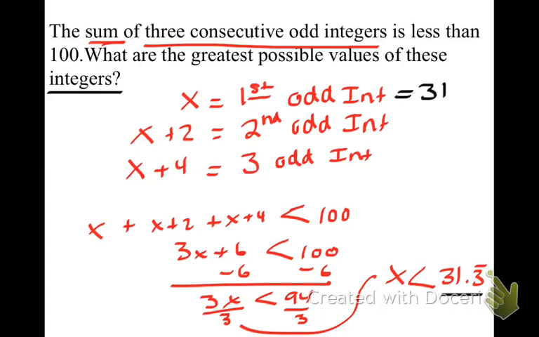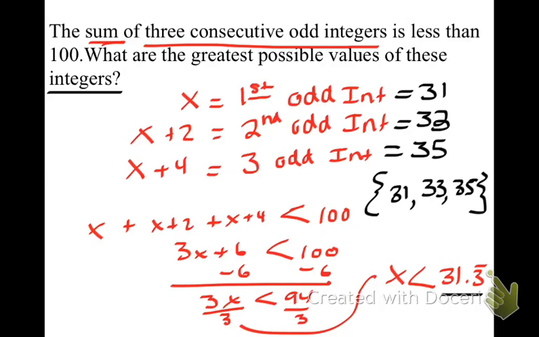Then the next one would be 33, and the next one would be 35. And so the question is, what are the greatest possible values of these integers? They would be 31, 33, and 35. And this is where we get you when kids are not reading the language of the integers. And that is your lesson on multi-step equations. That's it.